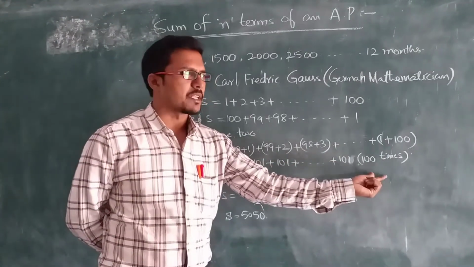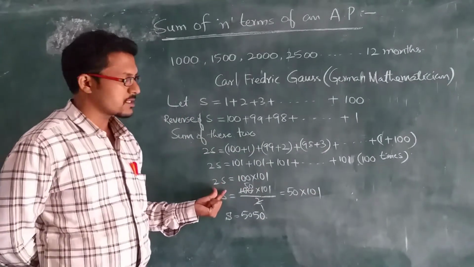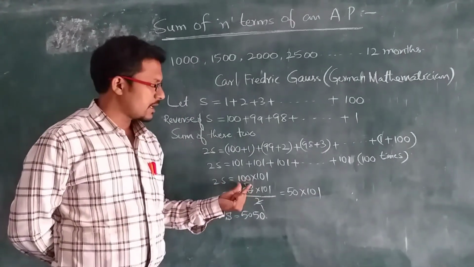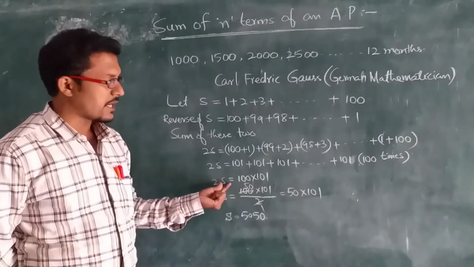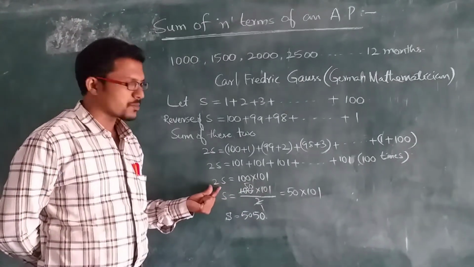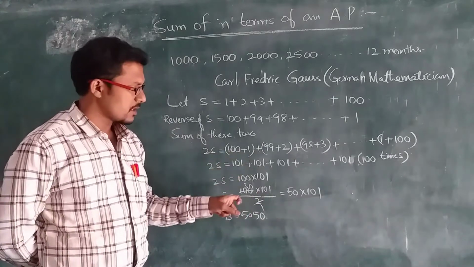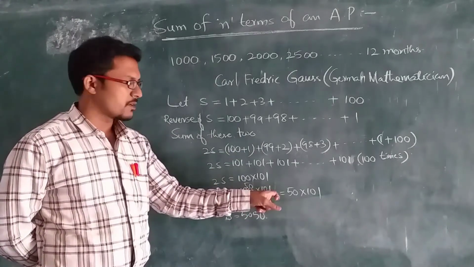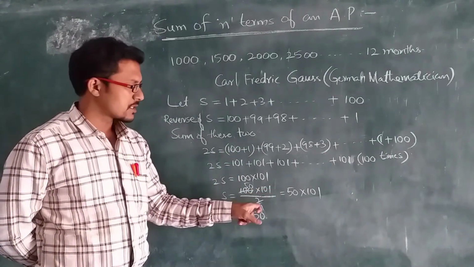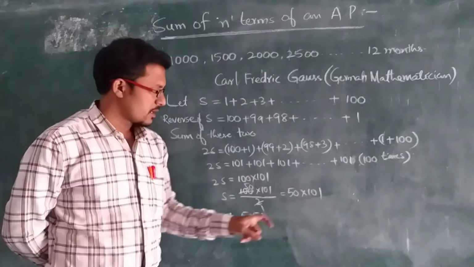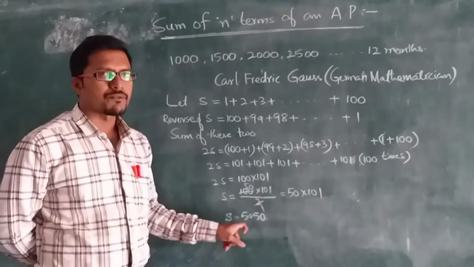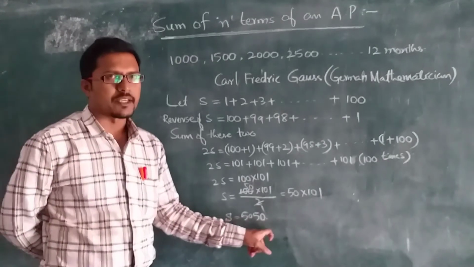It is repeating 100 times. So we can write 2S is equal to 100 into 101. To find the value of S, we transpose 2 to the RHS, that is 100 into 101 by 2. Two 50s are 100, so that is 50 into 101, and S is equal to 5050, which we got here.